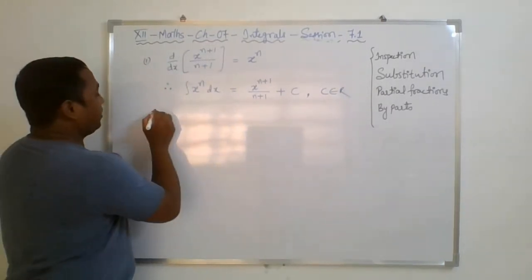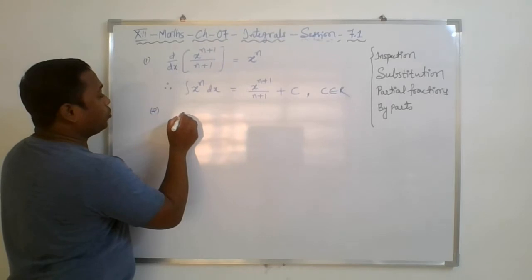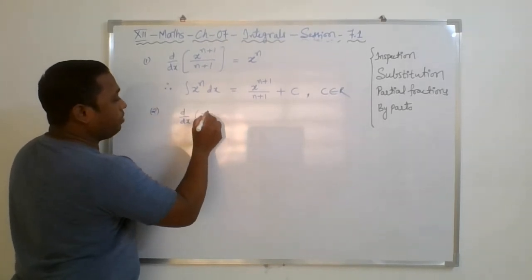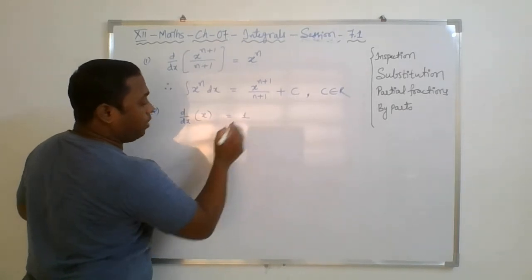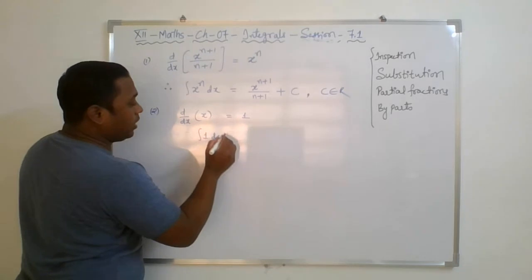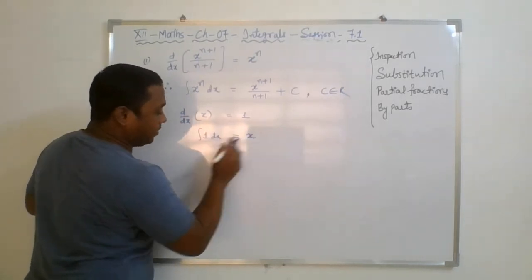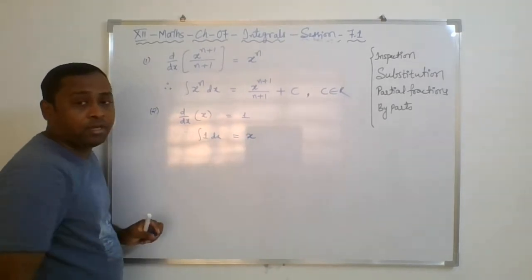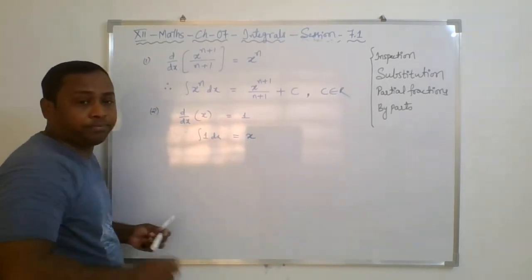Now, in a similar manner, the derivative of a variable x is 1. Therefore, the integral of the constant 1 will give x, because with respect to x it will be x, with respect to y it will give y. Okay.